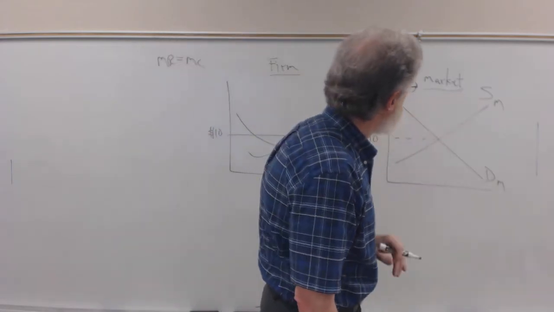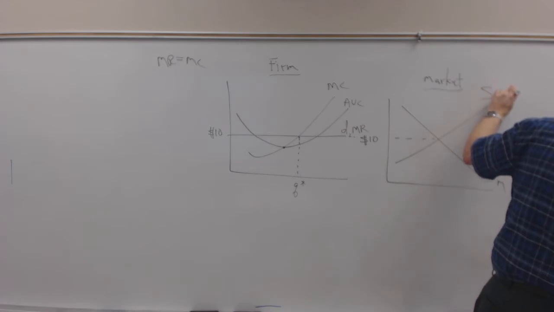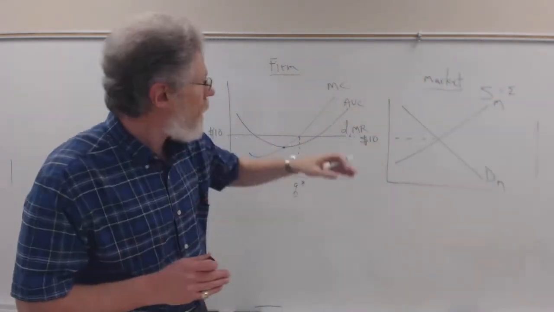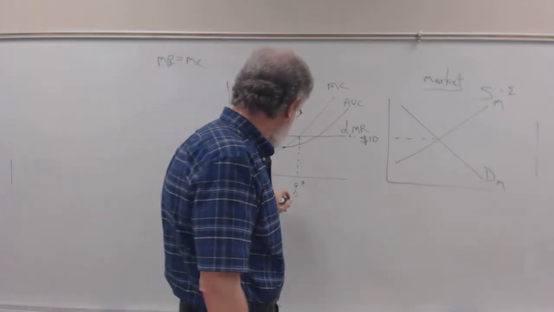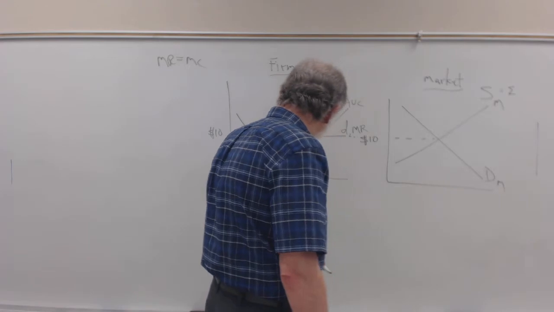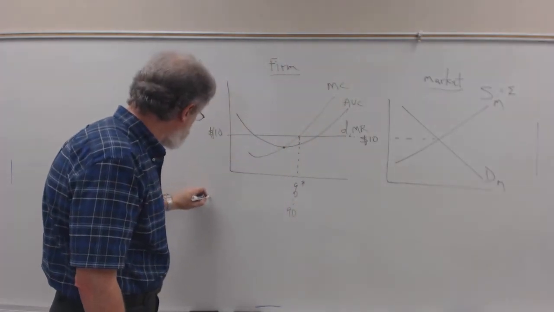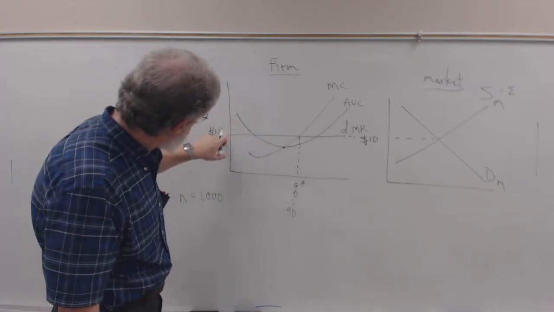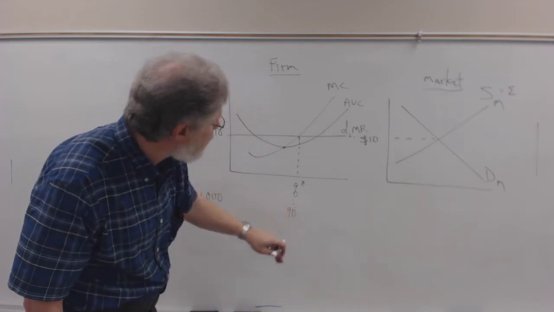The market supply curve, what is that? That is the summation. It's the horizontal summation of all the individual firm supply curves. So if this were 90 units, if the number of firms in the market was 1,000, then if the price is 10, you have 1,000 firms, each producing 90 units.